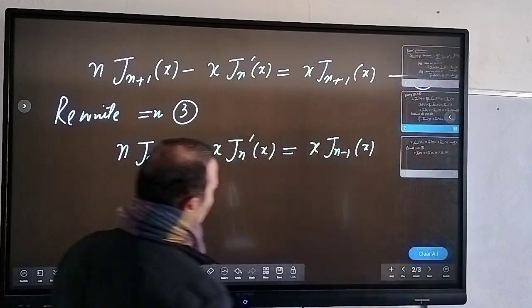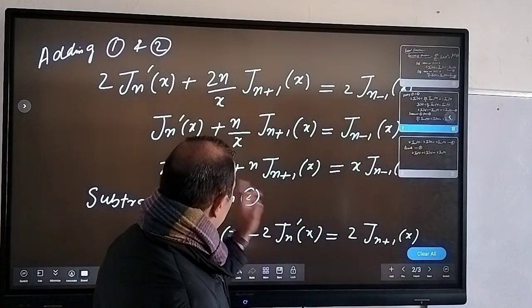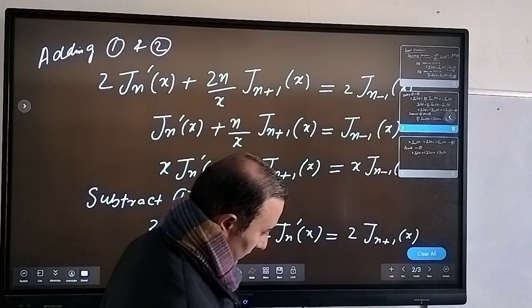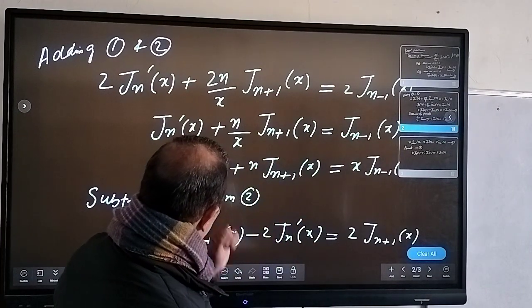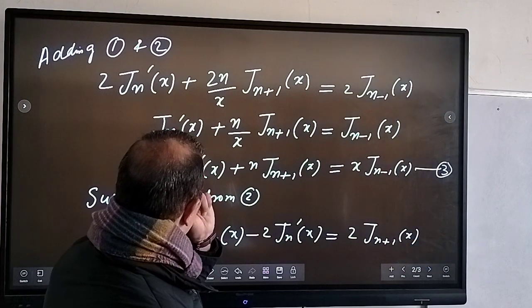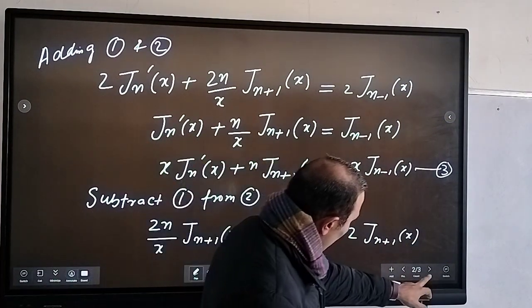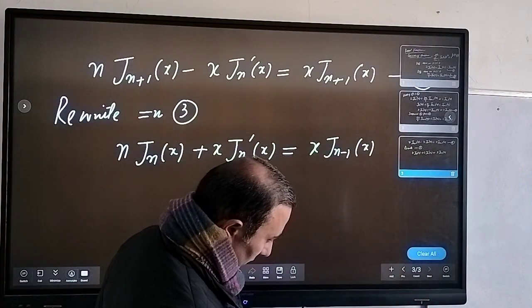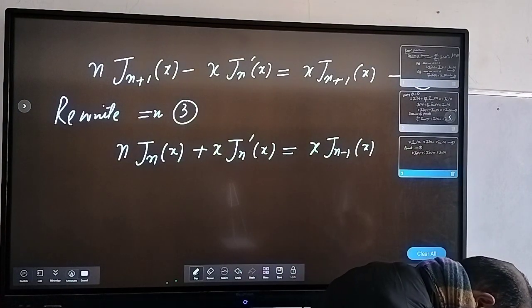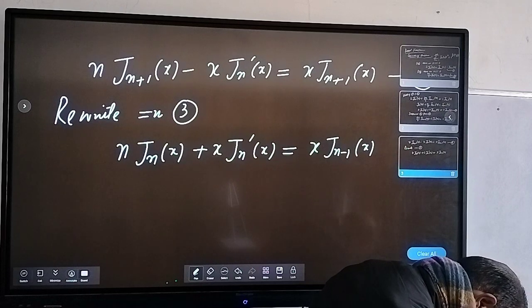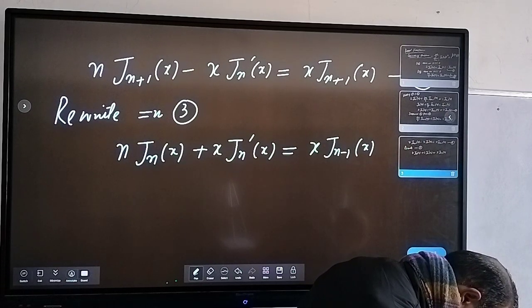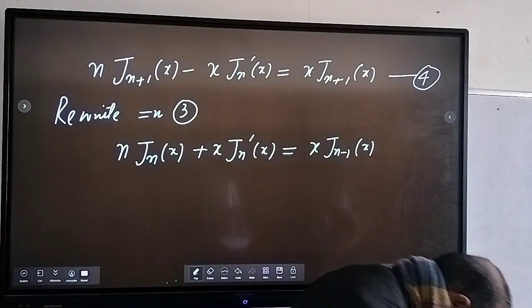Let's check whether this is correct. That's x j of n, that's correct. This is x j of n plus 1 of x, is it? Okay, yes. So we can do one thing now. Because what was that relation? I'm getting these two relations from here. Okay, that's right.